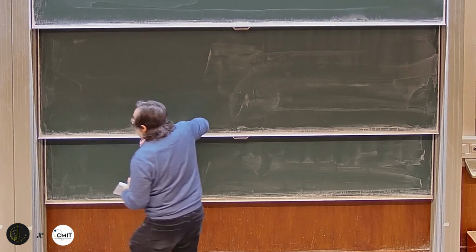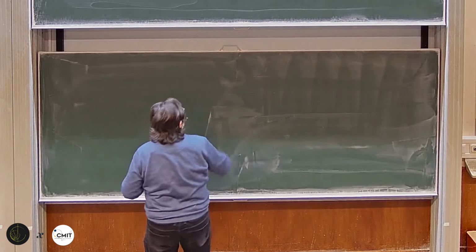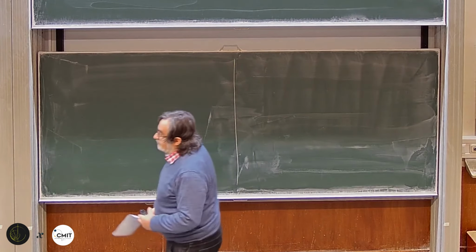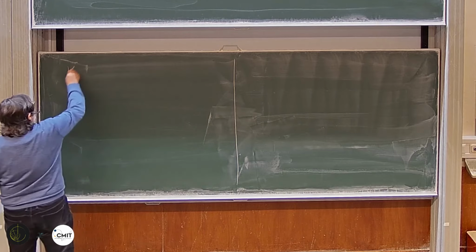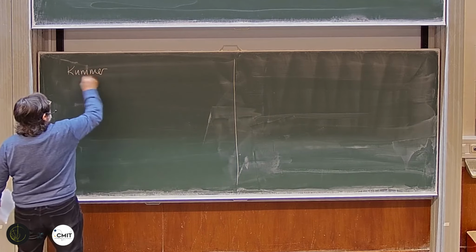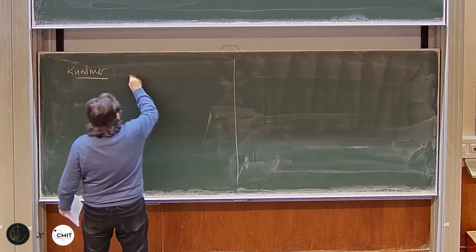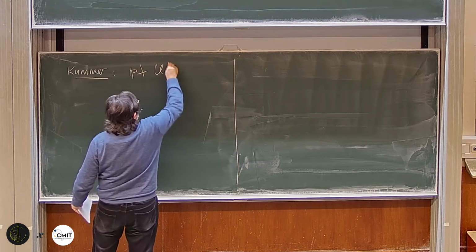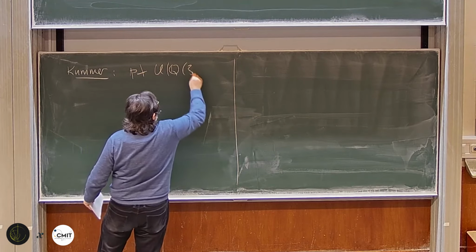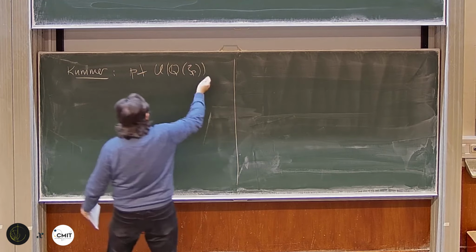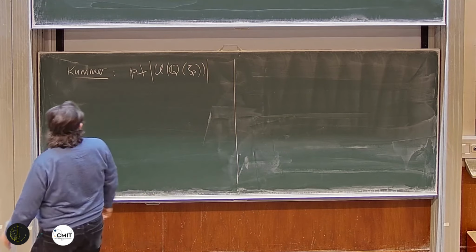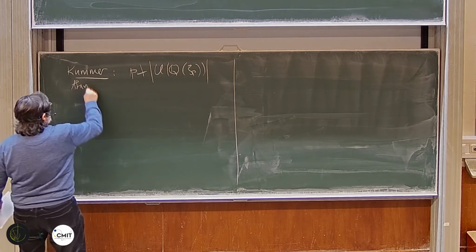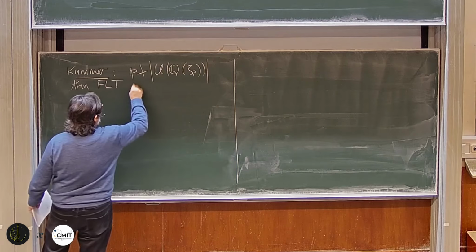Okay, so now you have learned a lot of things which were the theory developed from Kummer's insight. Before I go further, let me mention a major result of Kummer. If p does not divide the class number of the p-cyclotomic field, the class number being the size of the class group, then Fermat is true.